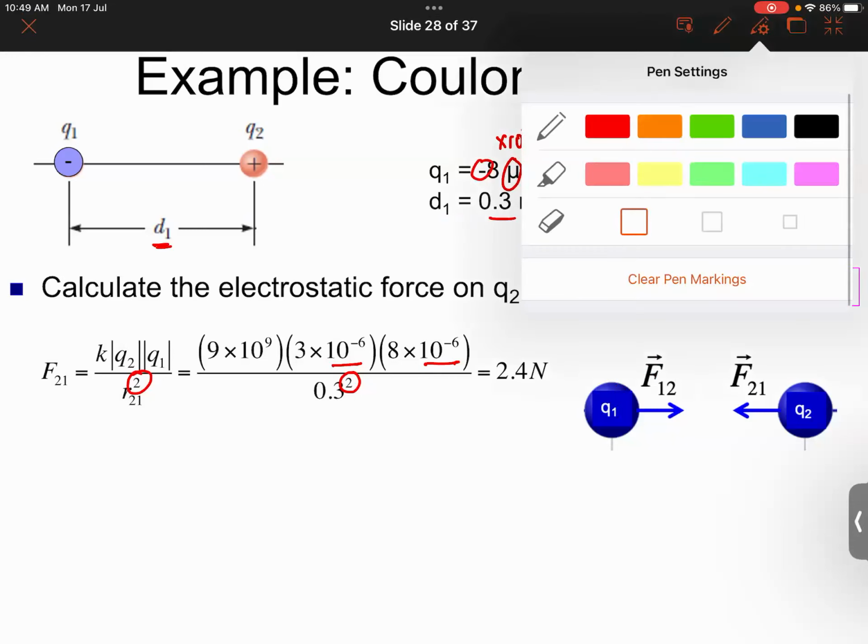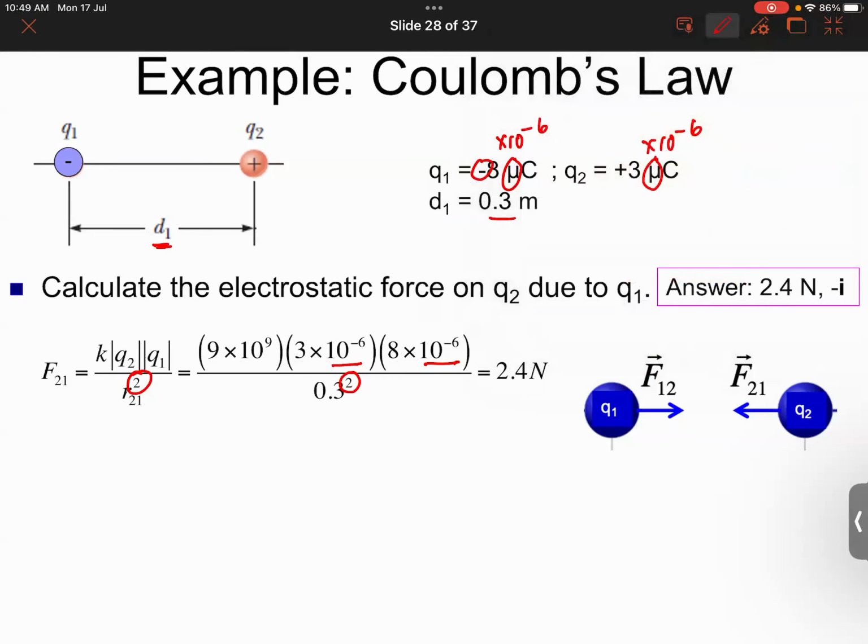Once you've determined the magnitude, you then determine the direction using the dichotomy property. Since you have a negative charge Q1 and a positively charged Q2, those two charges should attract each other. The direction of the force arrows that you've drawn will give you the direction of the force on Q2 due to Q1. So we're looking at the force experienced by Q2.